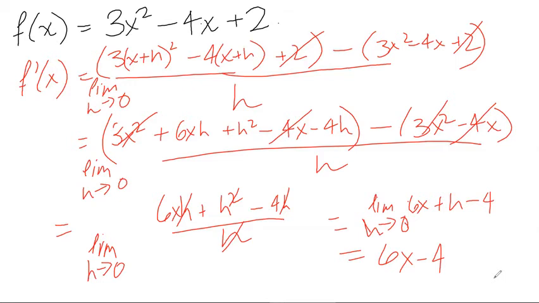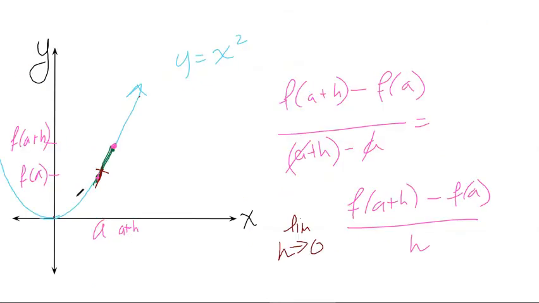If we go back to the quadratic equation, let's say that we had a point at 1, 1. And let's say we had another point at 3, 9.